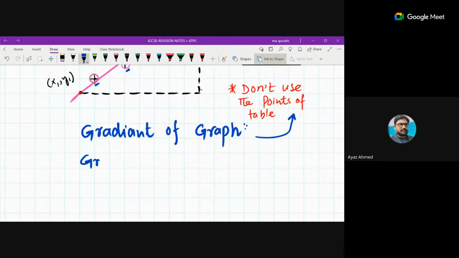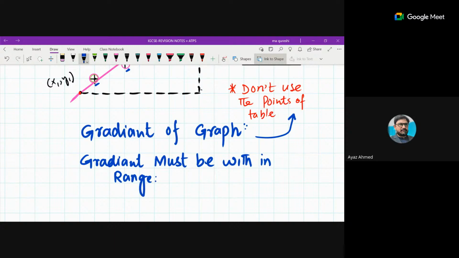So the gradient must be within the range. A range of gradient will be given to you. Is this all clear to everyone? Any confusion or anything you want to ask me about the gradient, line of best fit, straight line?